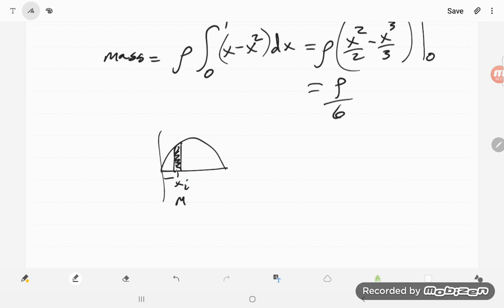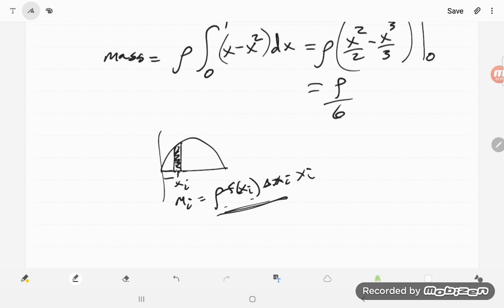Then moment sub i. I need the mass from that. Well, that was rho times f at xi times delta x. So there is the mass, because I took density times area. But then I have to multiply by its distance, so I have another xi.